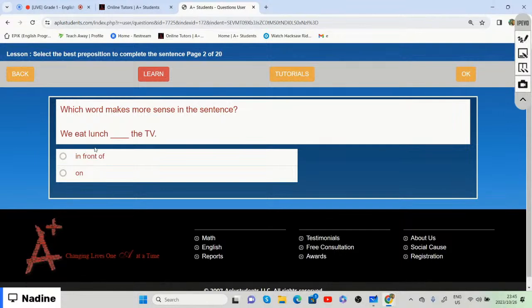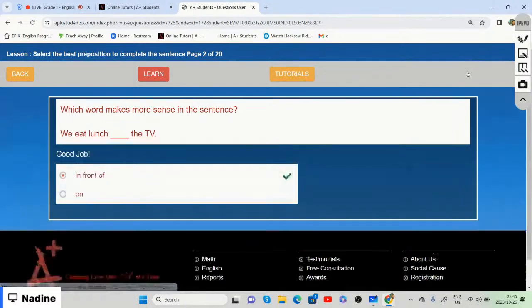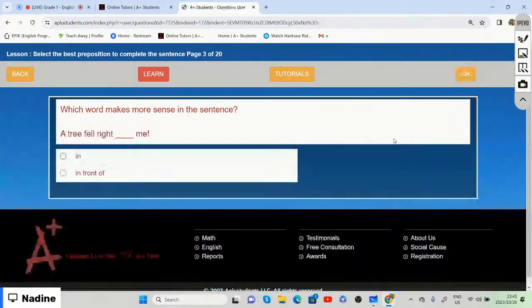Yes, so we can say we eat lunch in front of the TV, because we cannot watch TV or eat lunch on a TV.